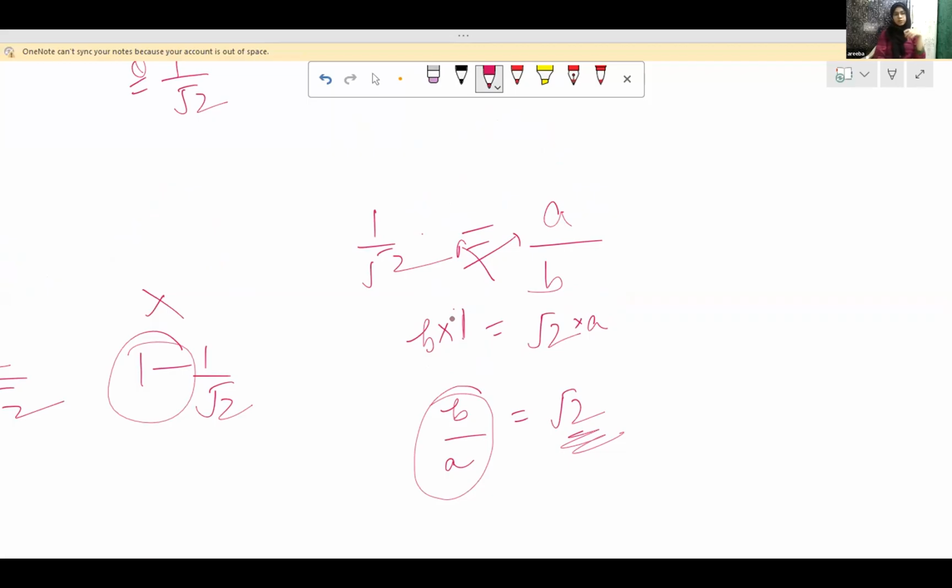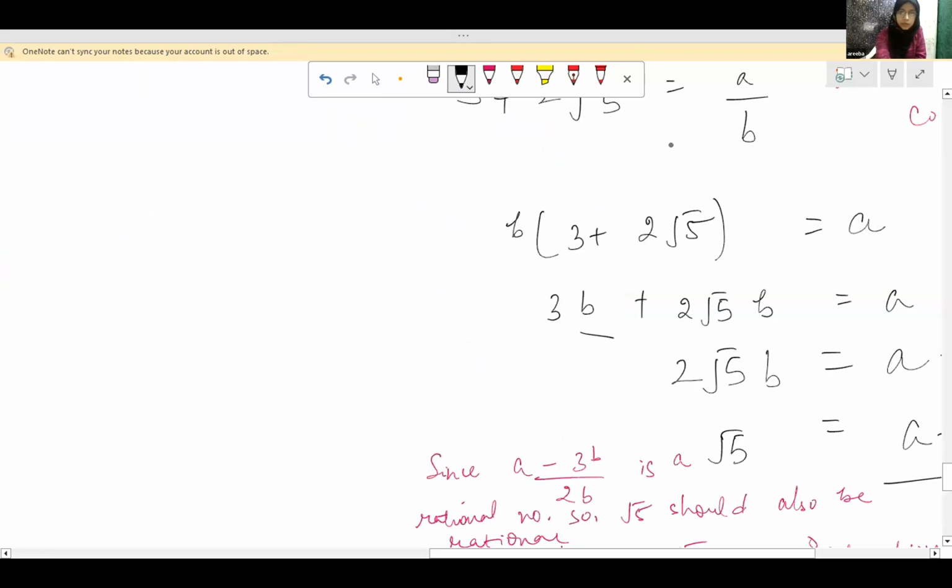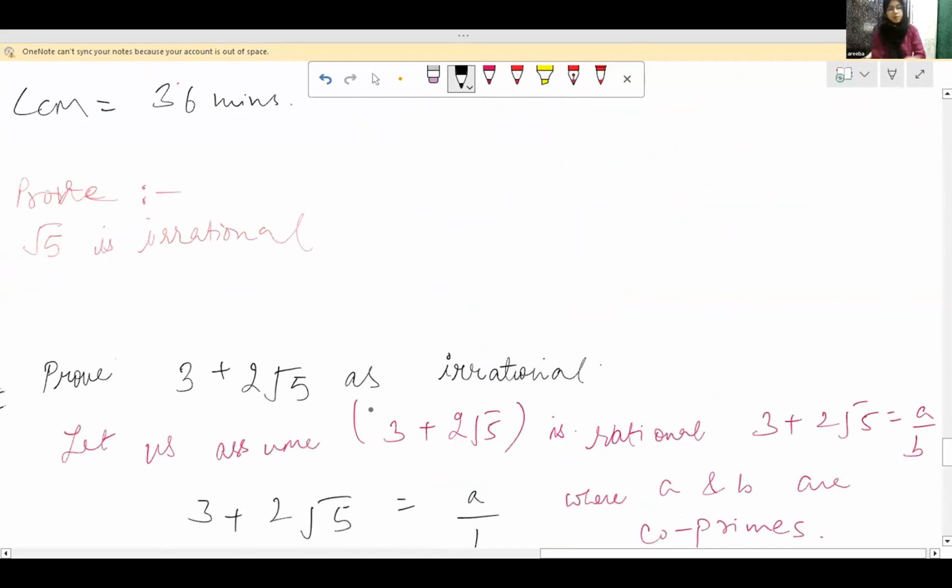In the previous version of NCERT, after this we had one more exercise, and it was for terminating and non-terminating. But anyways, yours has been deleted. So that means our chapter is completed. Yes or no? Just check it once, whether all the concepts are done or not.